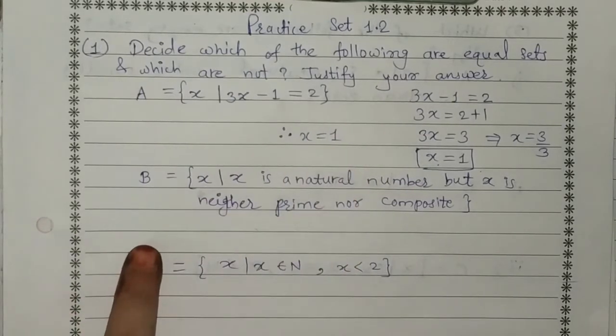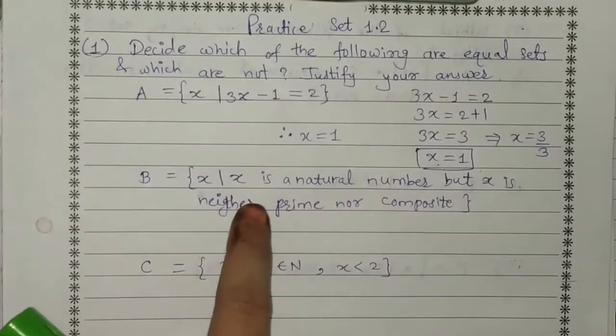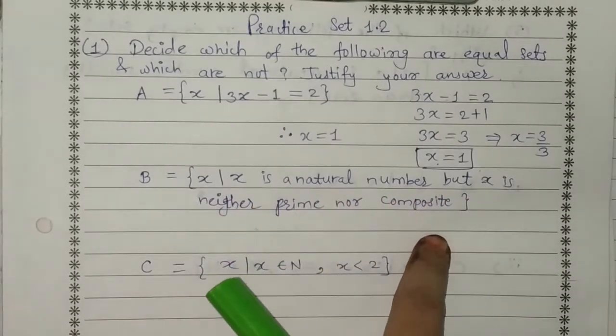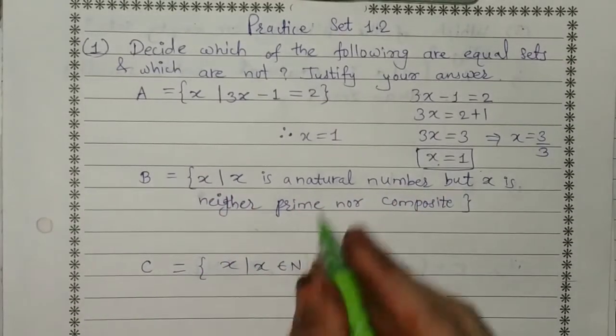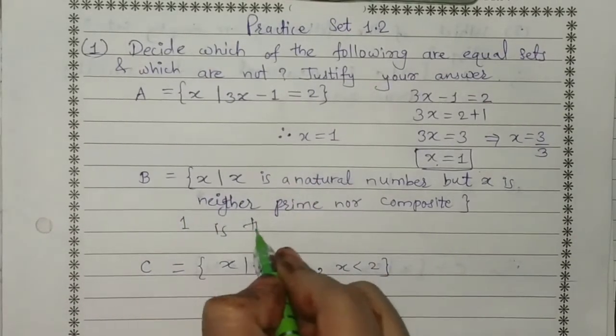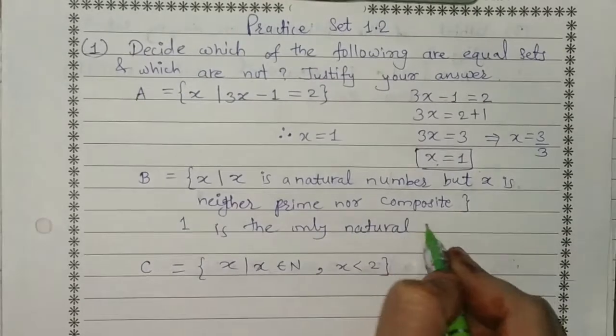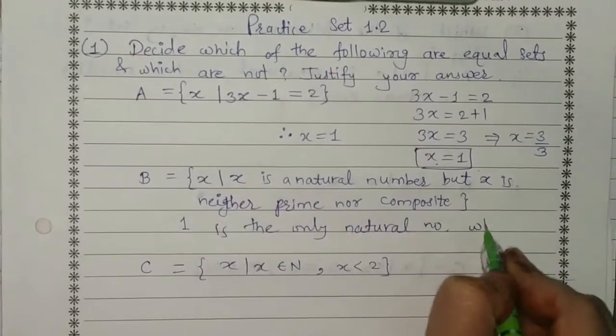Then moving to the next set B, x is such that x is a natural number but x is neither prime nor composite. We all know that 1 is the only natural number which is neither prime nor composite.